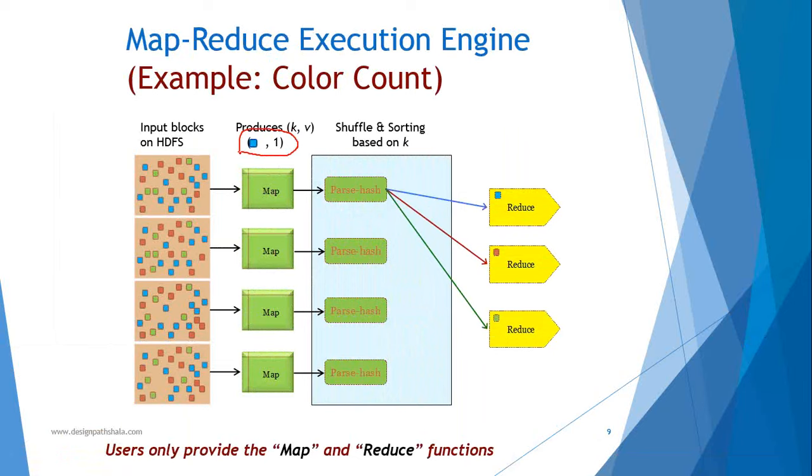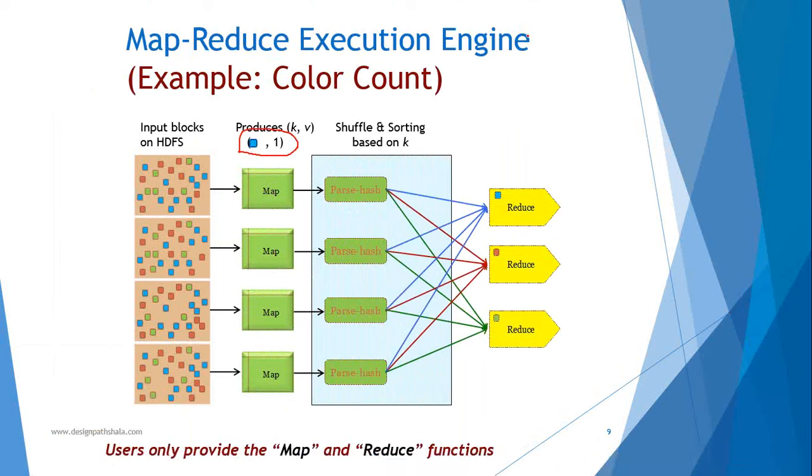So the blue color keys are sent to the blue reducer, brown ones are going to the brown reducer, and green ones are going to the green reducer. Similar things will happen from the other mappers also. So similar keys will reach the same reducer, and this is where hashing comes into the picture. I'll come to that part in a few more minutes.